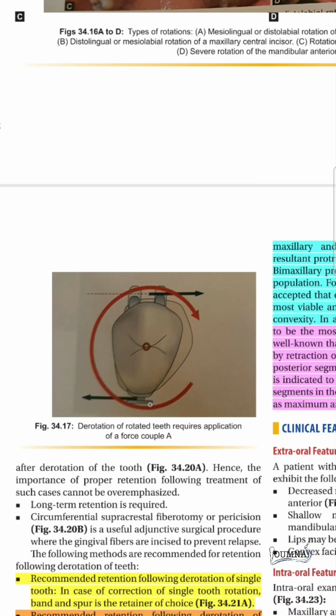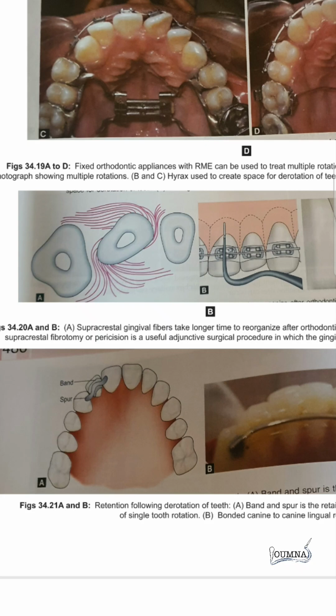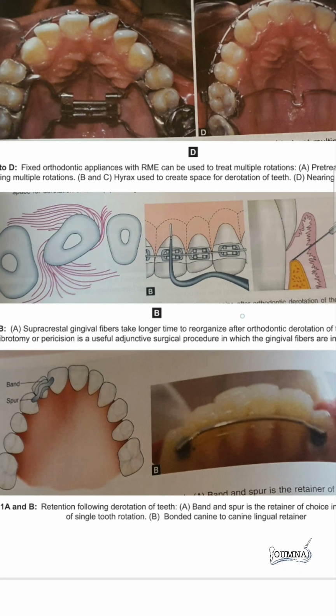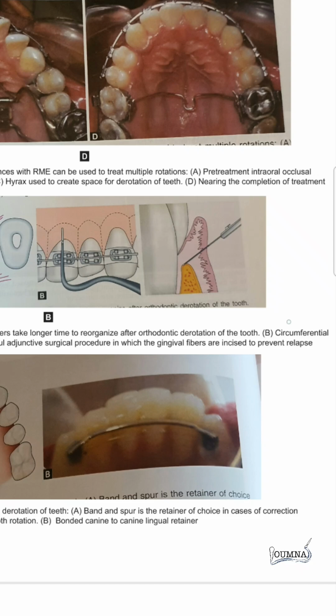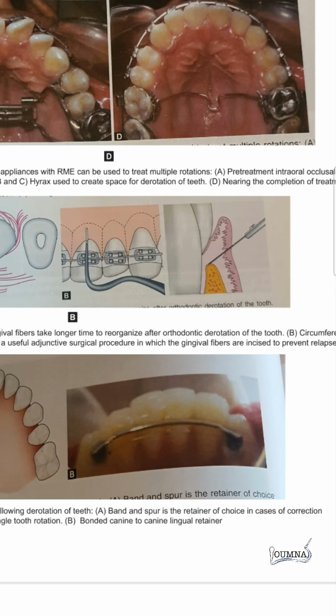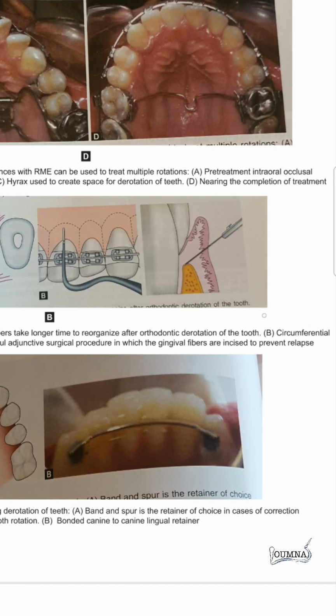When we do the derotation, we apply a force that is equal and opposite. The supracrestal gingival fibers that are attached to the tooth, when we apply force to derotate the tooth, take time to reorganize after the reorientation. So they have more tendency to relapse again.